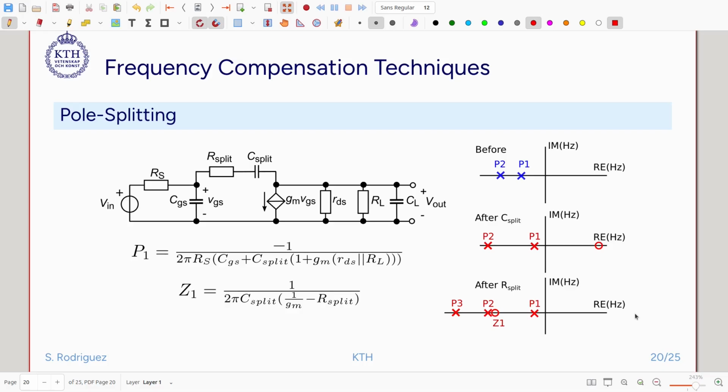So the method works like this. Let's think for a second that we don't have any compensation here, and then we will have one pole coming, for instance, from the input stage, and the other pole coming from the output stage. So we will have these two poles here.